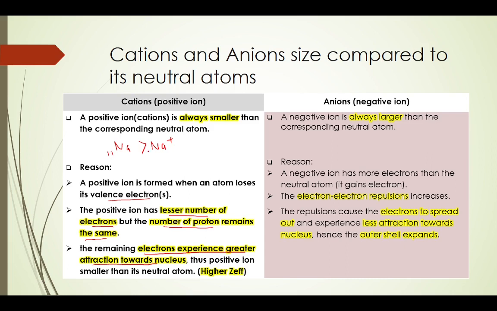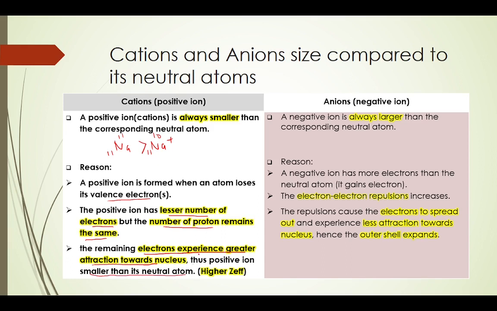Even for sodium plus, the proton number is still 11, but the electrons for Na plus are 10. Imagine 11 protons pulling 10 electrons. It is easier to attract 10 electrons compared to 11. That's why the electrons experience greater attraction toward the nucleus, so it will be smaller than its neutral atom.